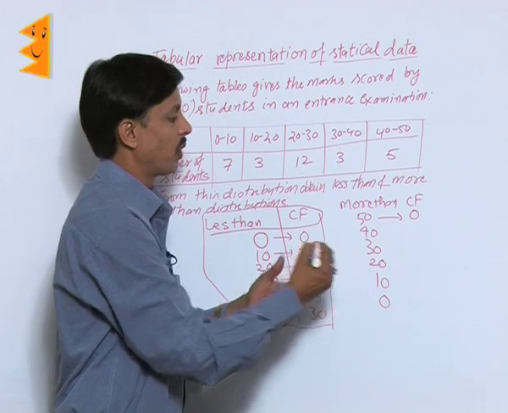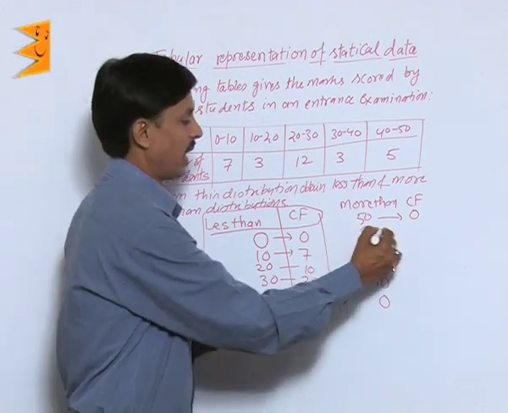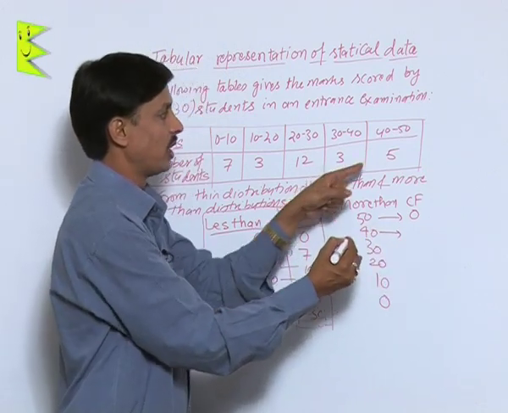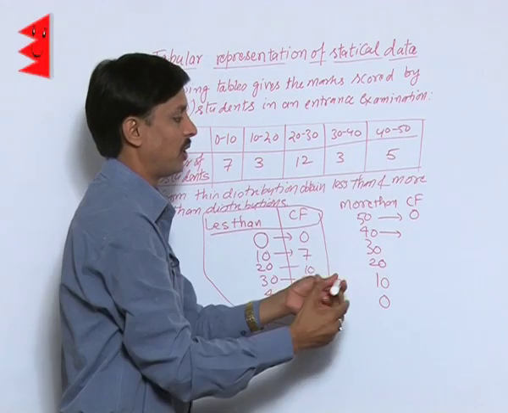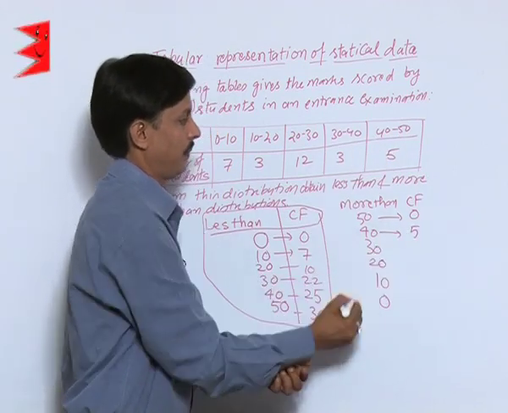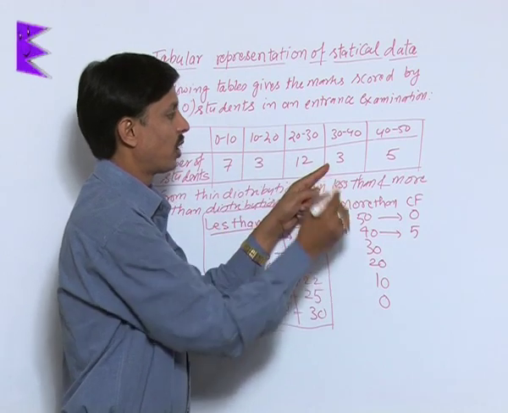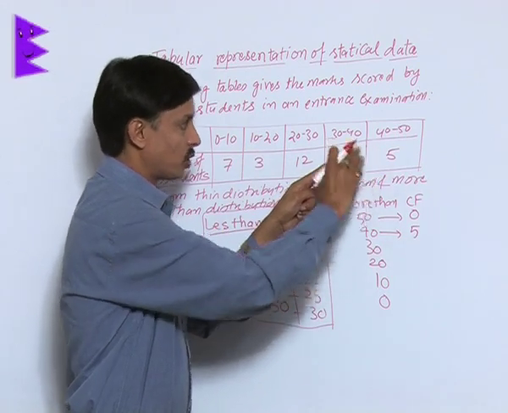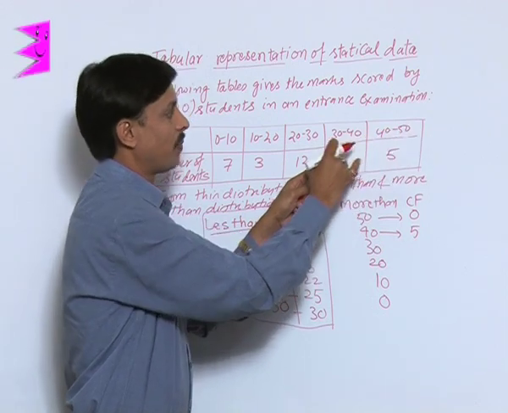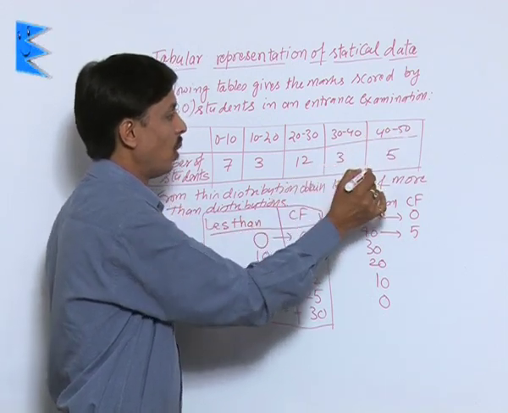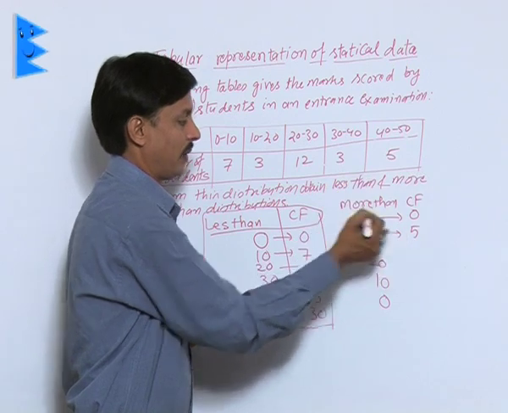It is not possible to get marks more than 50. Then more than 40: the students scoring 40 to 50 will fall here, 5. Students scoring in the interval of 40 to 50 are more than 40 also, so this will be 5.